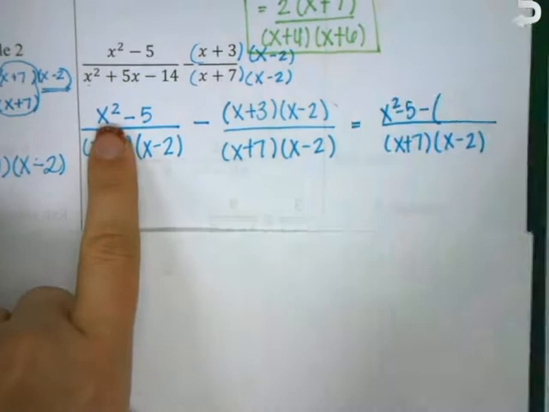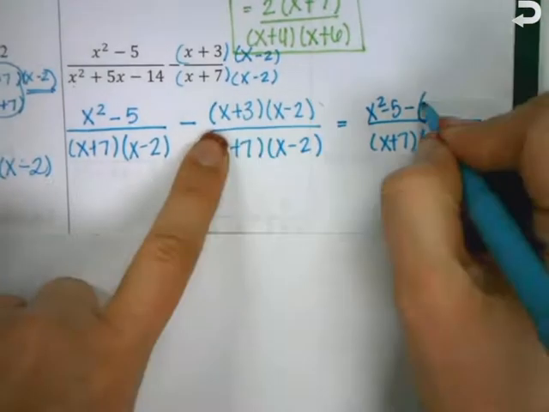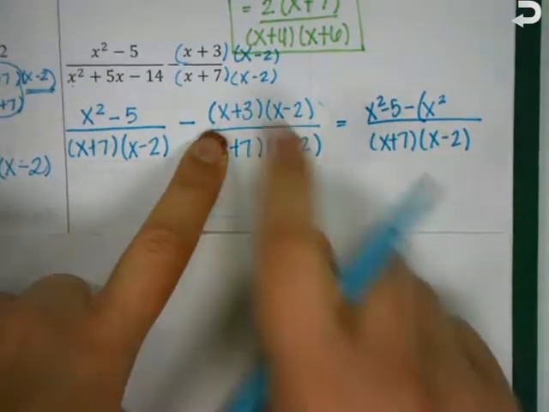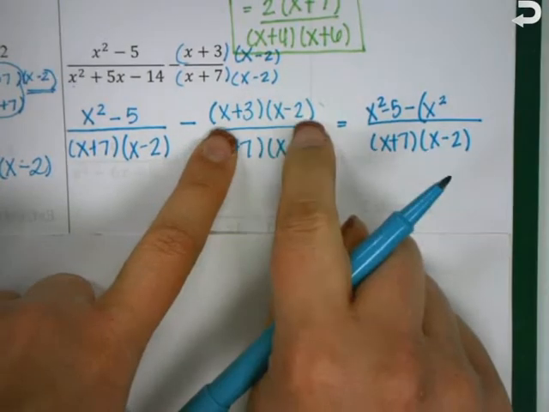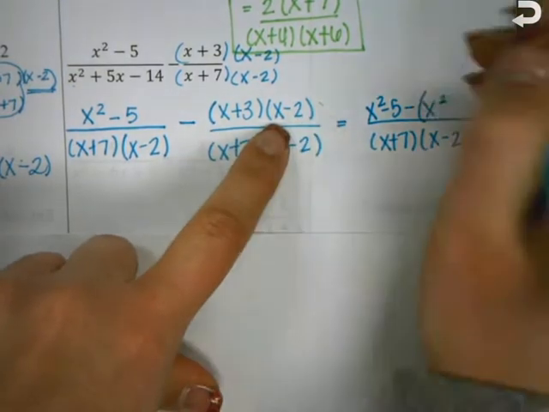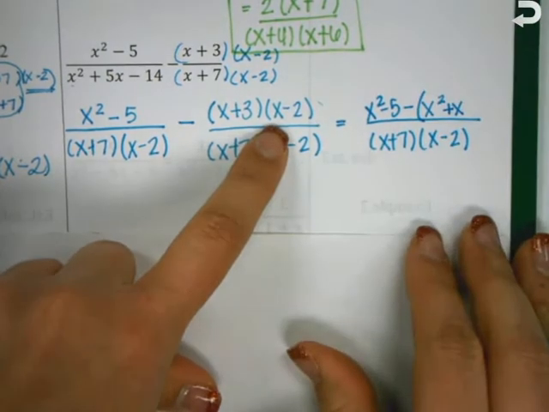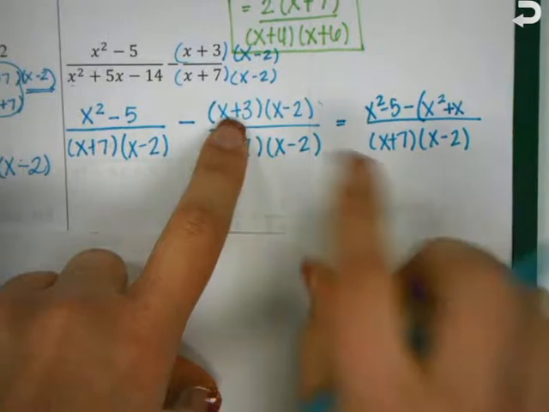We have x squared. x times negative 2 gives me negative 2x. 3 times x gives me plus 3x, so those combine to plus x. 3 times negative 2 is minus 6.